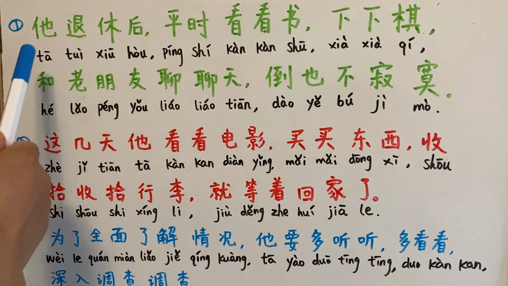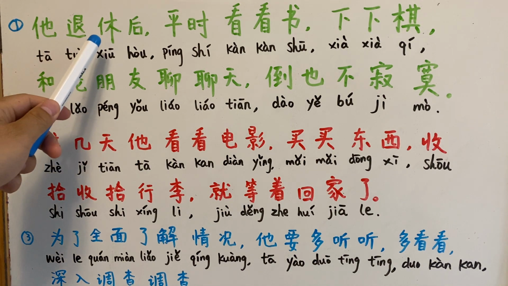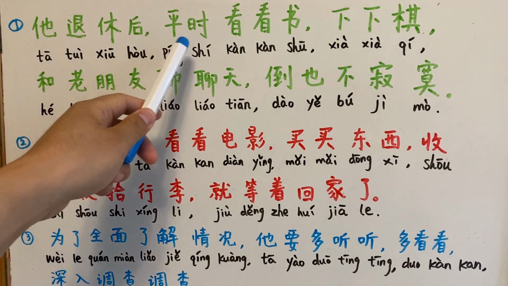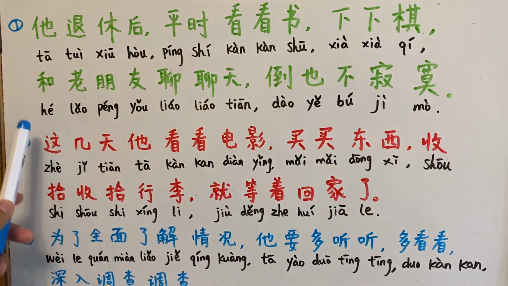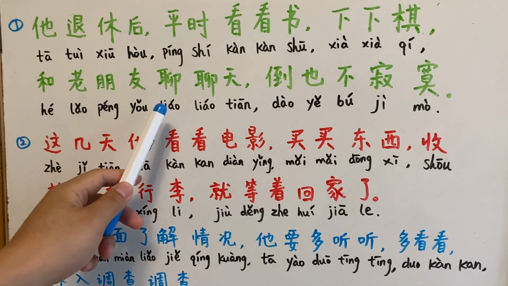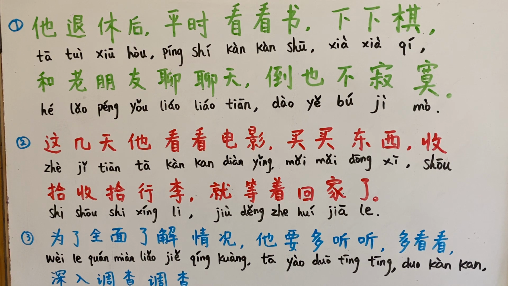Okay, this one: 他退休后，平时看看书，下下棋，和老朋友聊聊天，倒也不寂寞。Right? 他退休后.